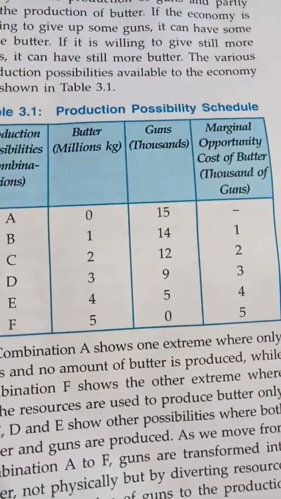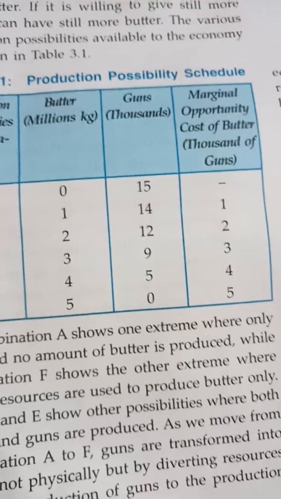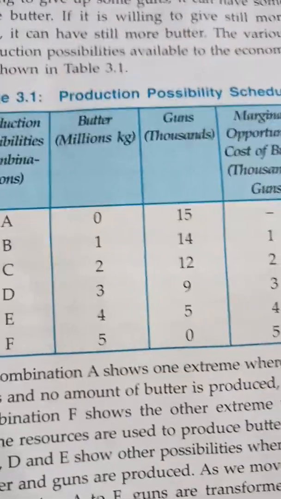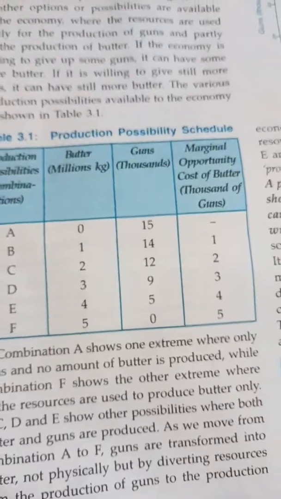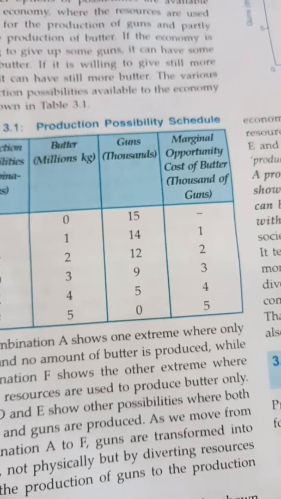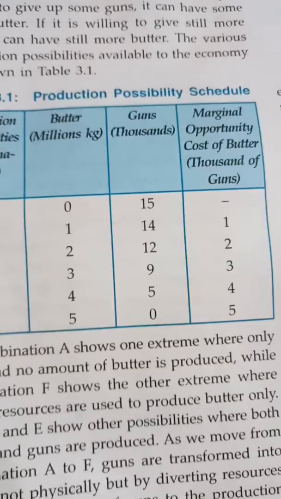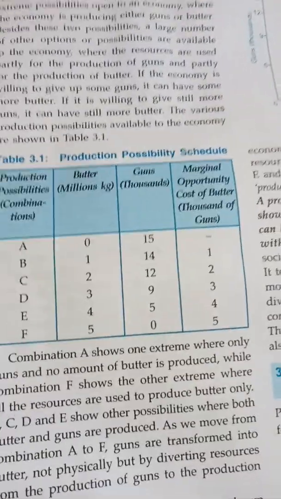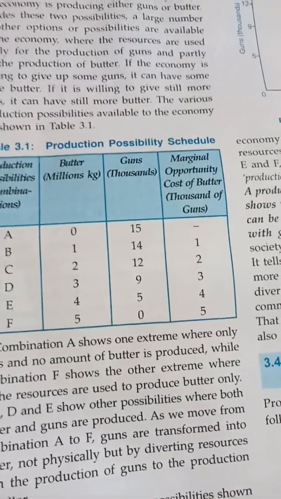Now this second combination, we name it combination B. In this combination, we have 1 unit of butter and 14 units of guns. When one more unit of butter is to be produced, how much guns production is to be reduced? 1.